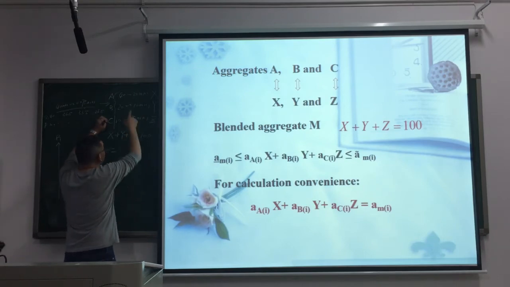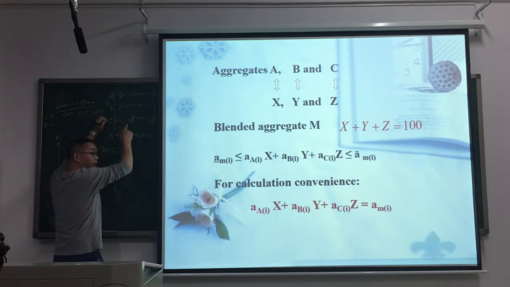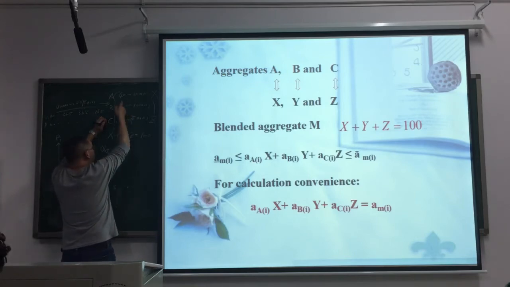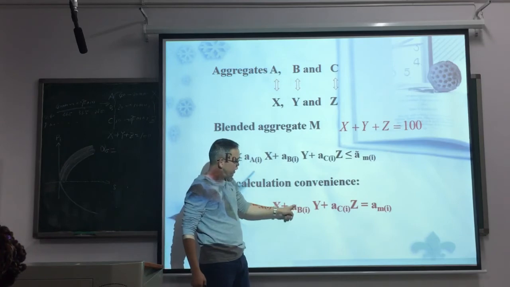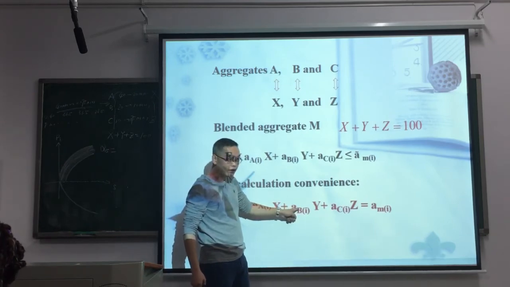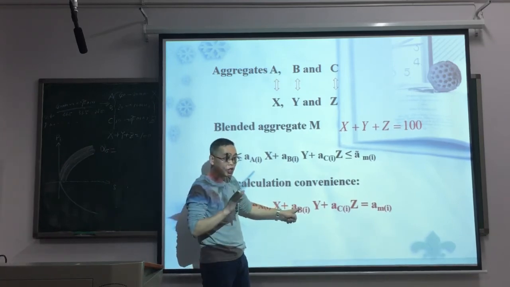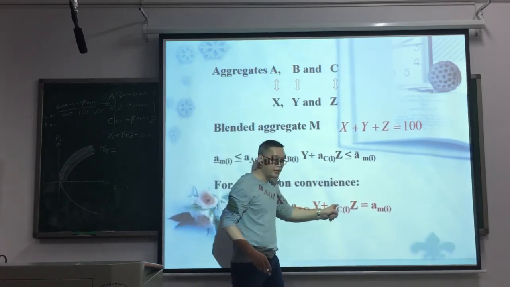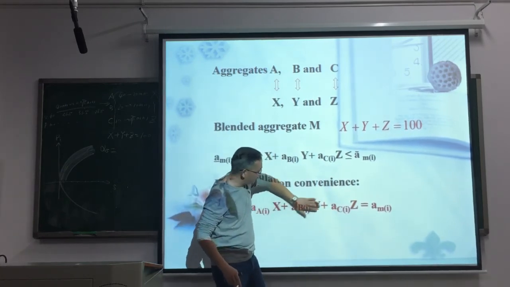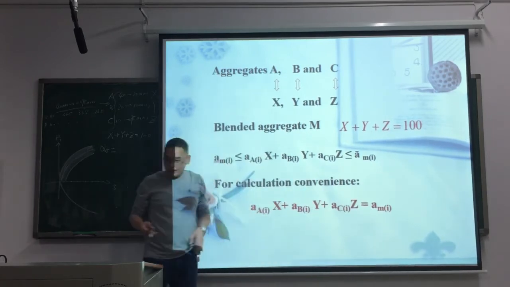So the size of 13 mainly comes from A. This one is 0, because there is no 13 millimeter. This is 0, this is 0.